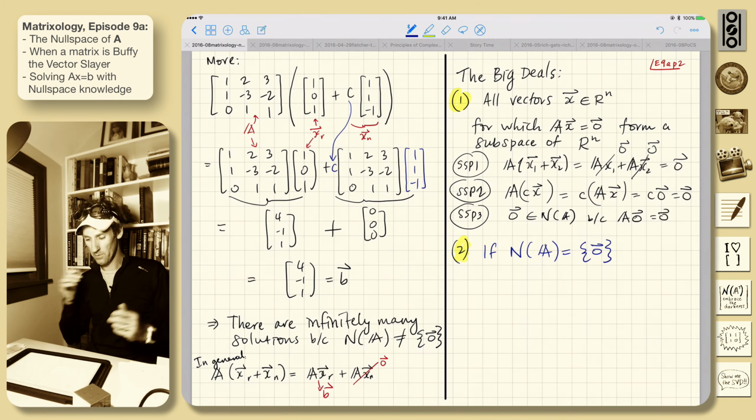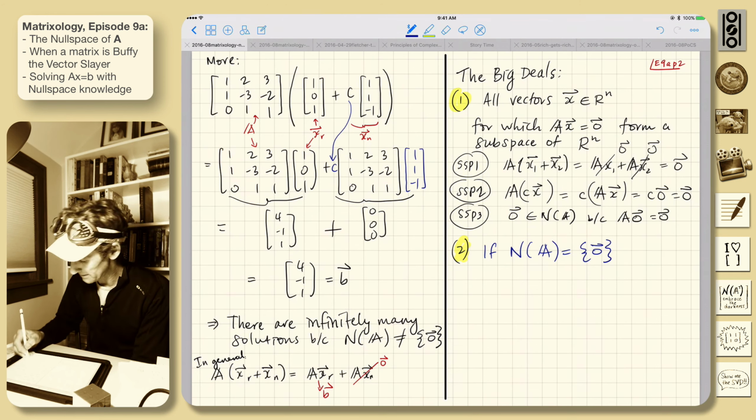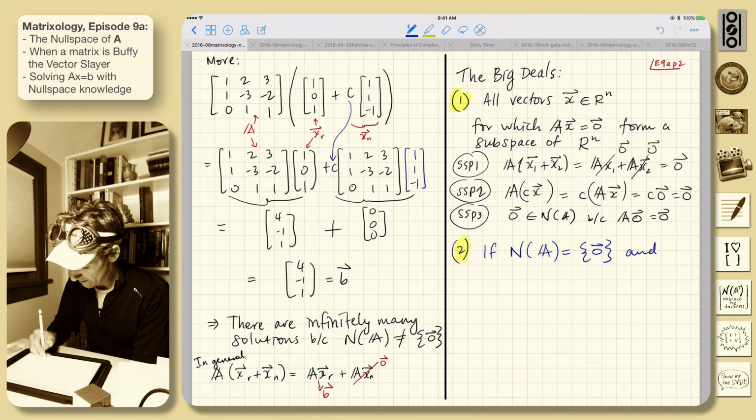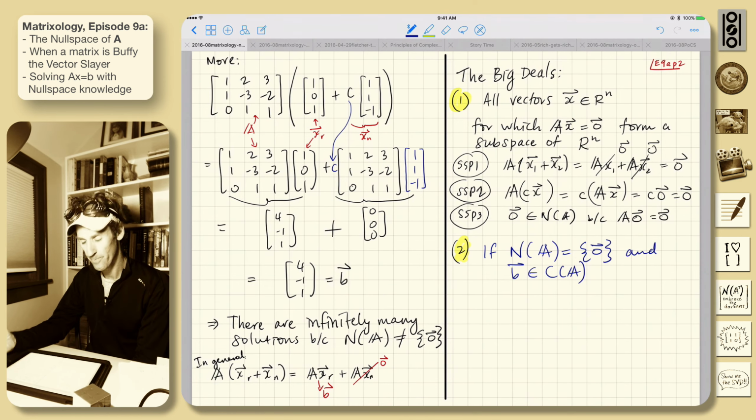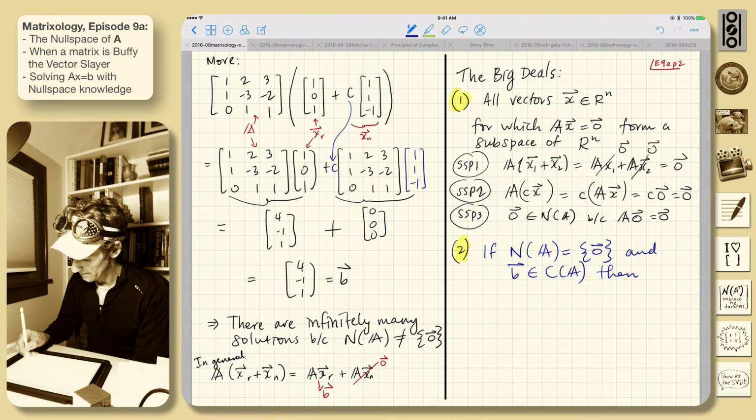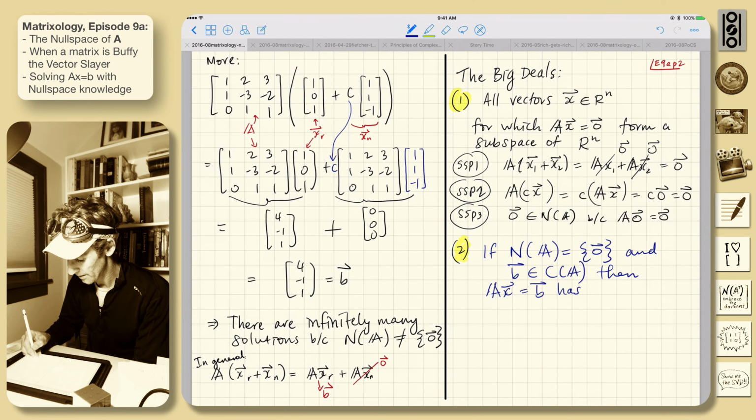A times x equals 0 only has one solution. And if B is in the column space of A, we can make it, then Ax equals B has one unique solution. There's only one way to do it, and it exists.